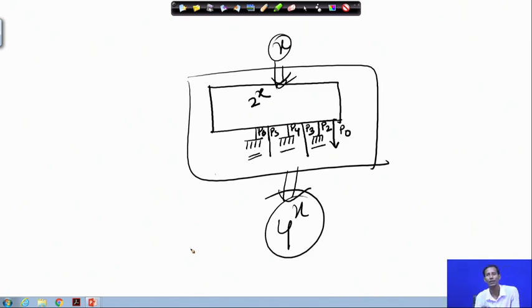The same thing if I want to implement 8 to the power x, at that time how can I design? That means at that time 8 to the power x means 2 corresponding bit positions will be filled with zeros, that means alternate 2 bits of the 2 to the power x function. So, at that time what will happen?